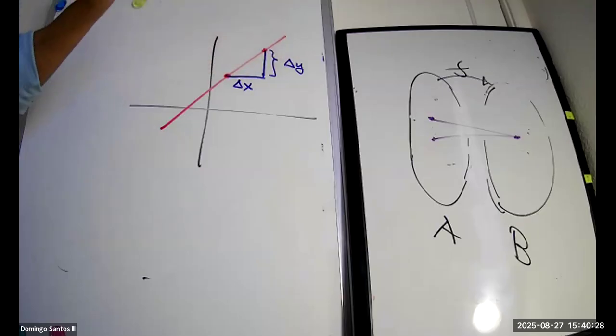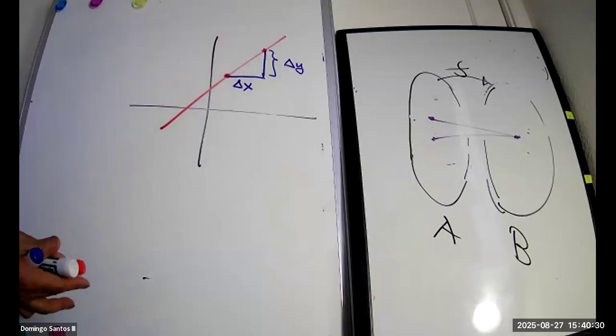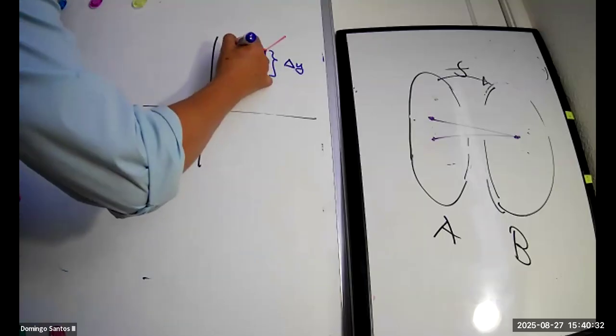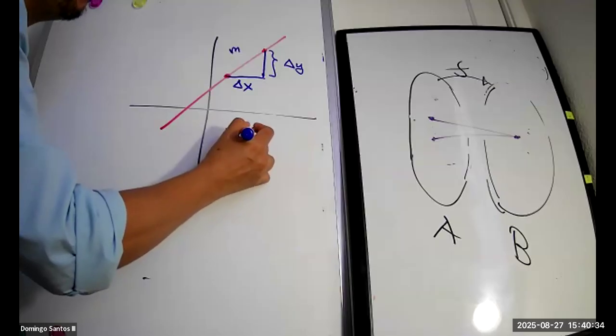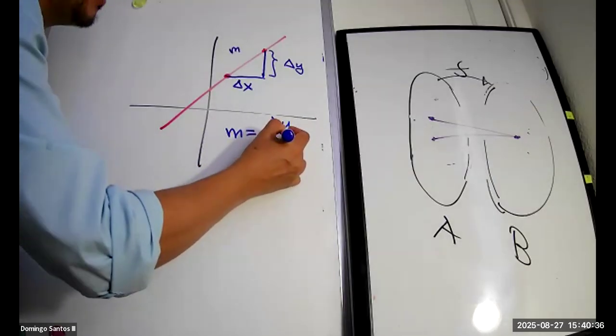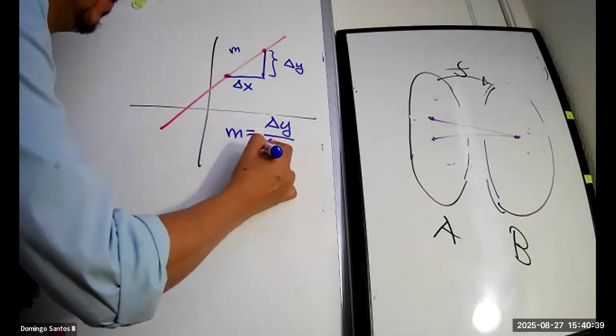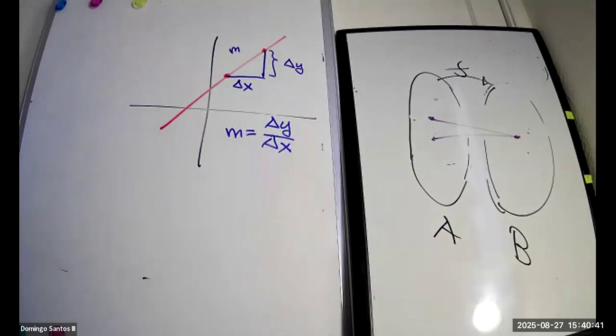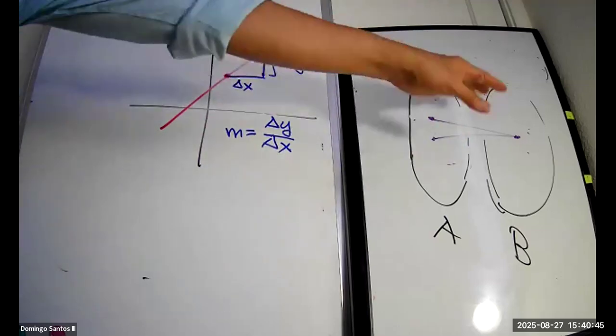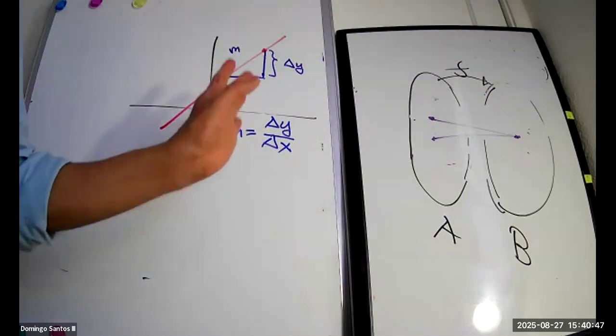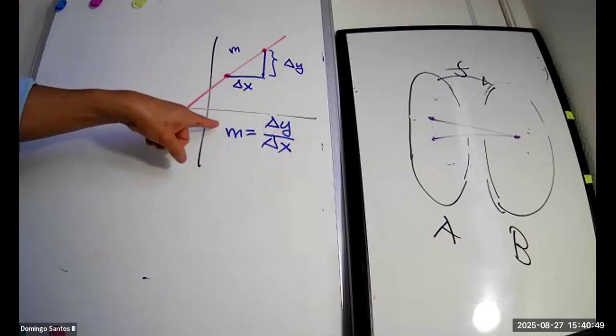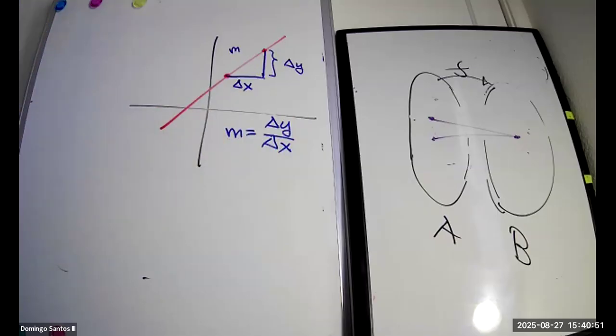Now the slope m will just be the change in y, the rise, over run. And until you get to your calculus 3 or 4 or 5 or higher mathematics, this will be very important, okay? So that's the change in y over the change in x.